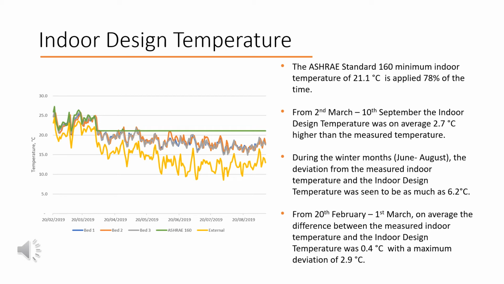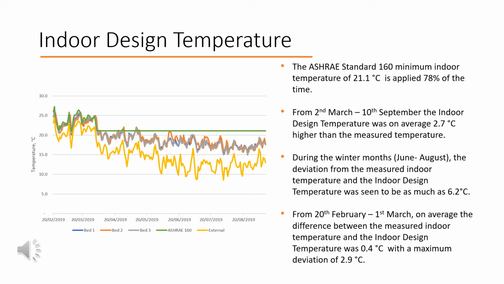And this is the first 2 months of the year that you can see there on the left. In these instances, the ASHRAE standard formula simply adds 2.8 degrees to the 24-hour average outdoor temperature. The graph shows that this relationship is much more applicable and more closely follows the measured indoor temperature.